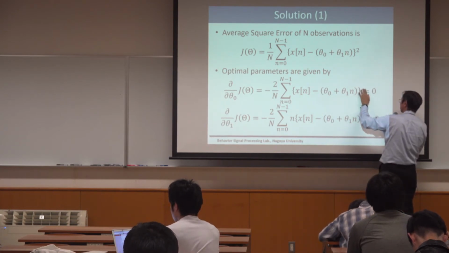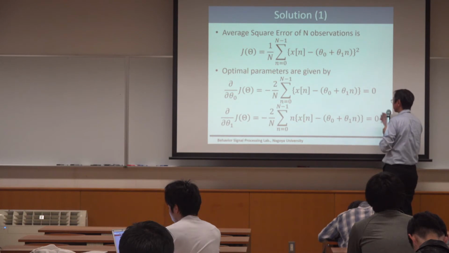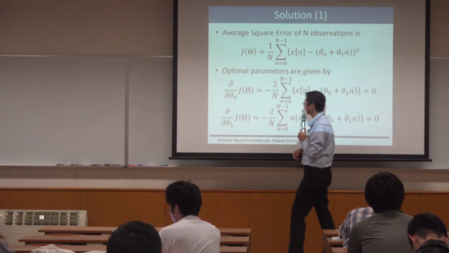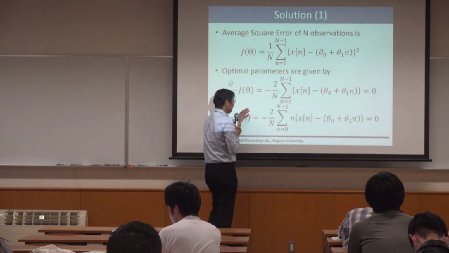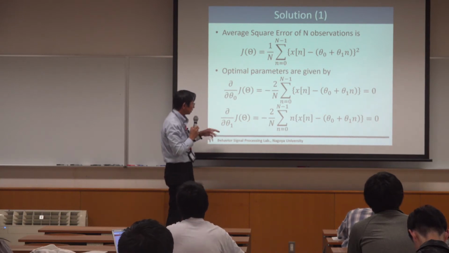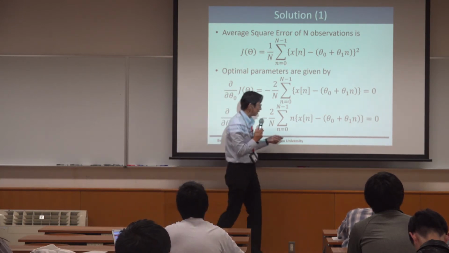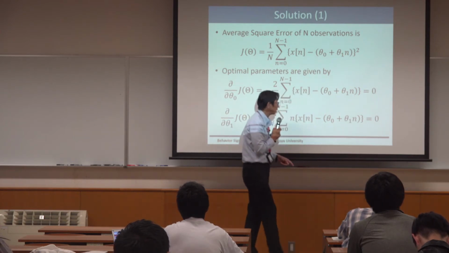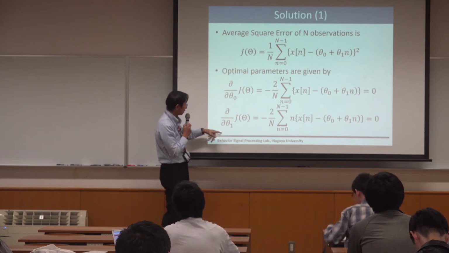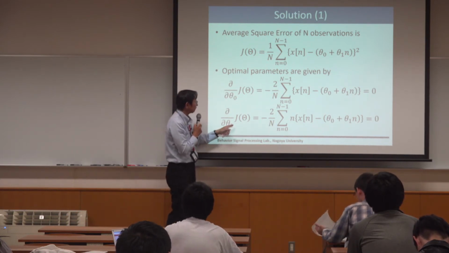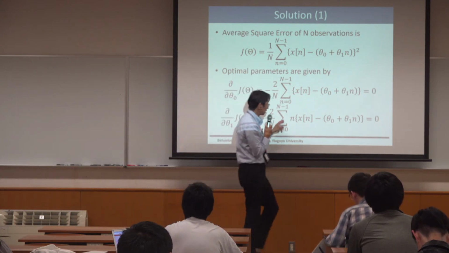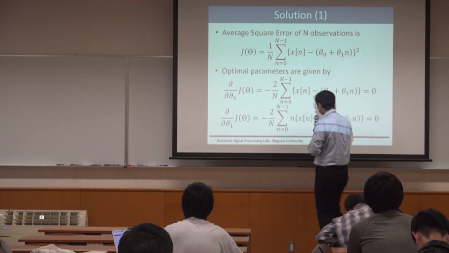And when you set it to 0, that gives theta 0 or theta 1. Because we need to optimize two values, theta 0 and theta 1, we need to solve a simultaneous equation. So we also calculate the derivative of the error function with respect to theta 1, and it becomes like this.